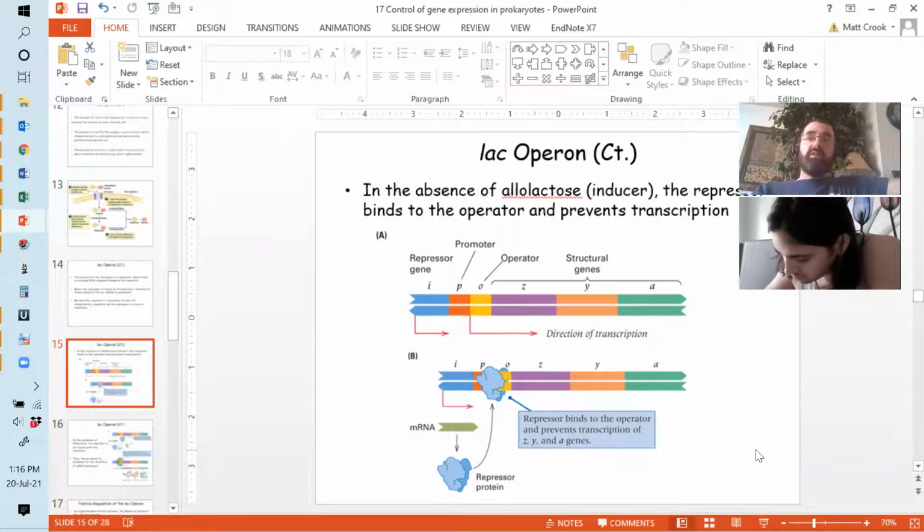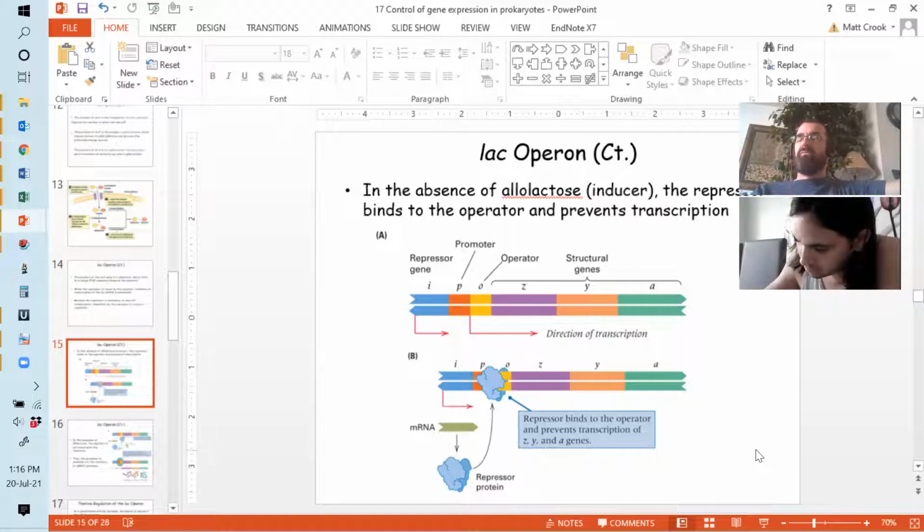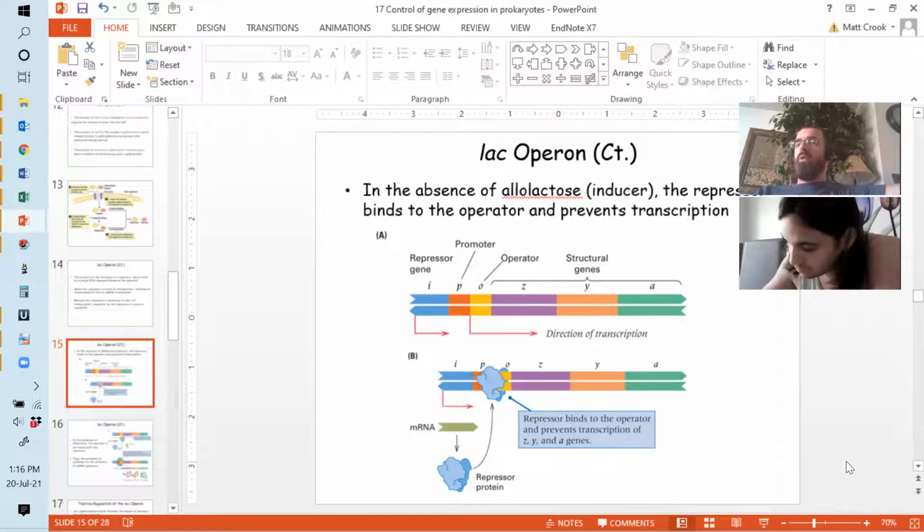So if RNA polymerase can't access the promoter, no transcription. So this is how bacteria shut off all expression from the lac operon in the absence of lactose.